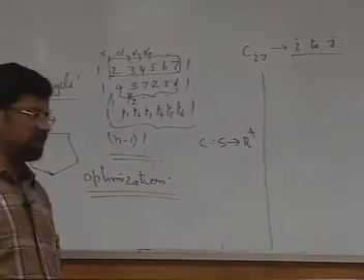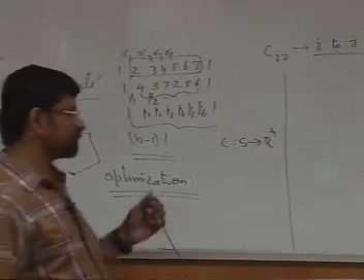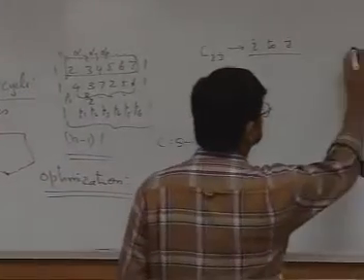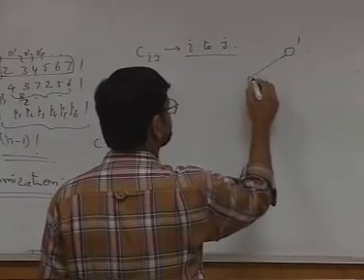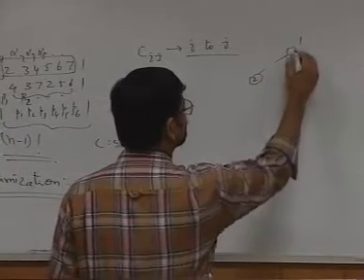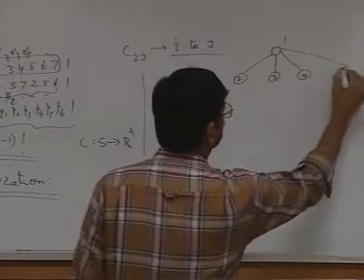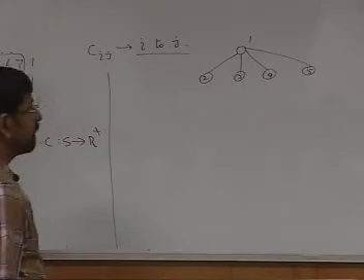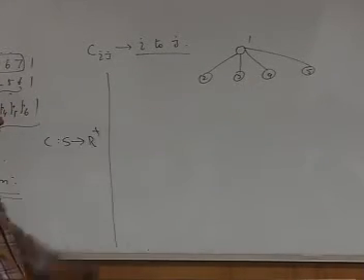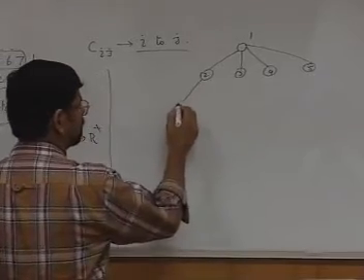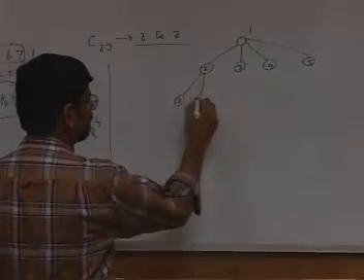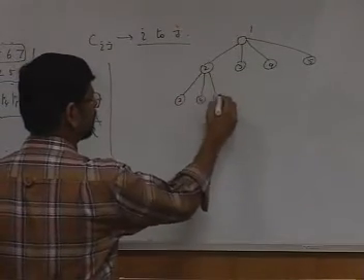The tree representation goes as follows. Let us consider, this is called the permutation tree. Starting from 1, you can go to either 2 or 3 or 4 or 5. Having decided to go from 1 to 2, from 2 you can go to 3 or 4 or 5.